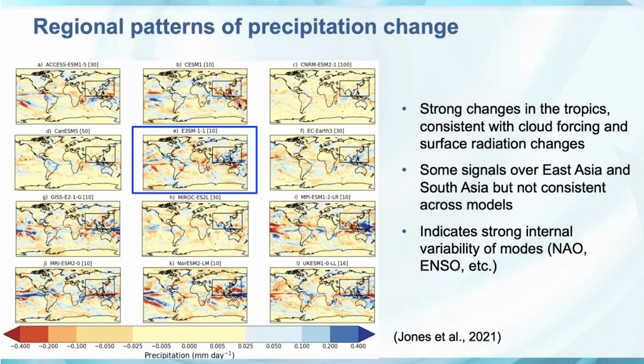And there are some signals, for example, E3SM has a very strong increase in precipitation over East Asia and South Asia. But there are also some other models showing a similar signal, but not across all models.